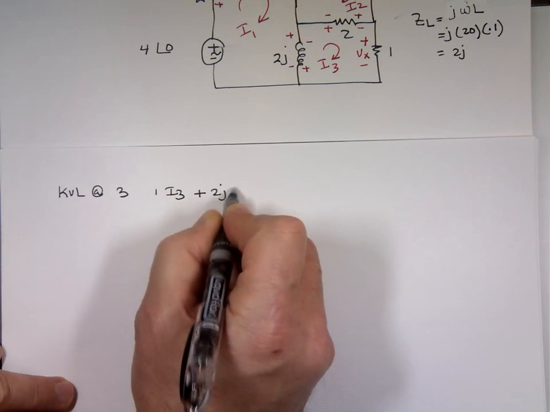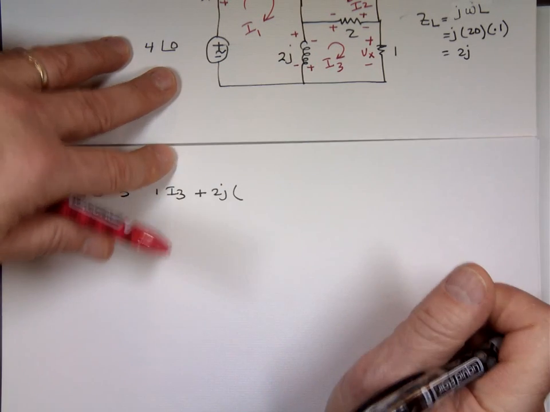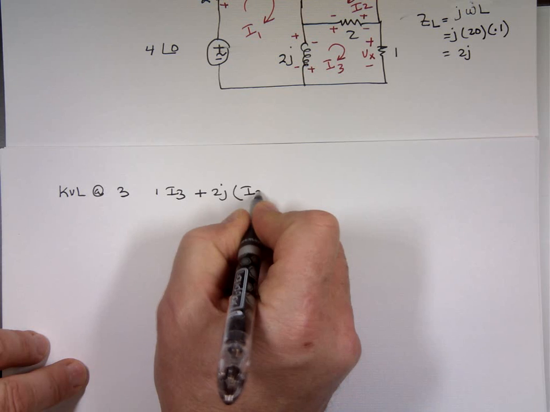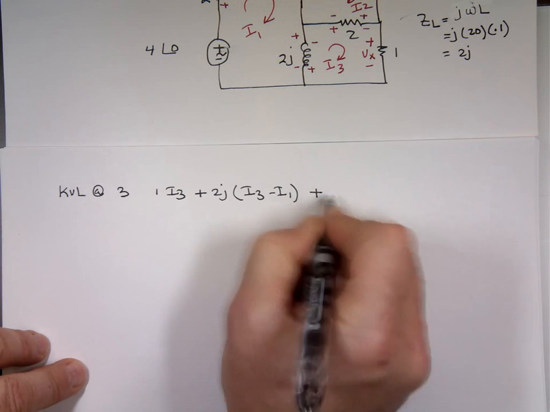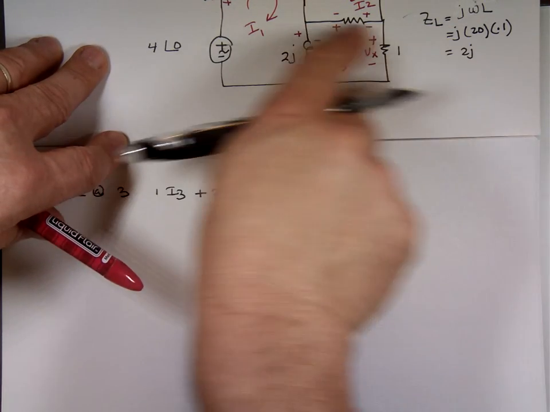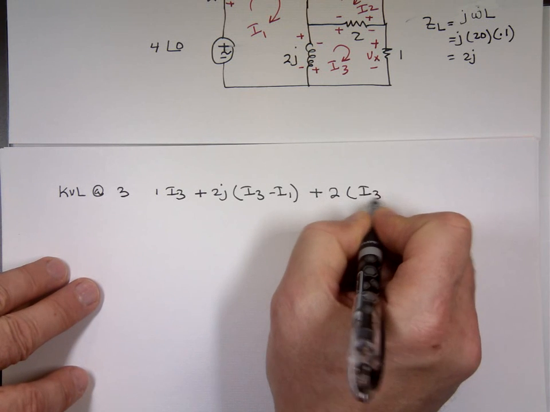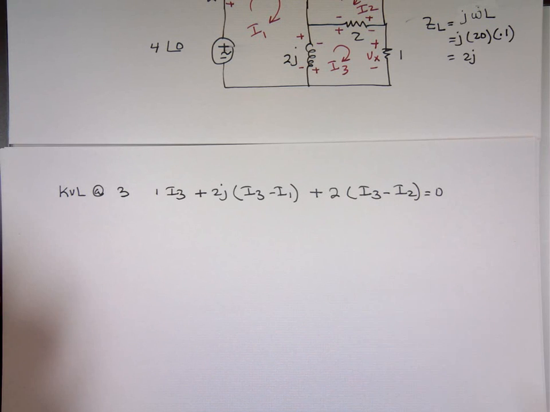What is the current going up? Because I'm traveling up here. I sub 3 minus I sub 1, good. Plus the 2. I'm going to the right. What is the current through the 2 going to the right? I sub 3 minus I sub 2. Equals 0.